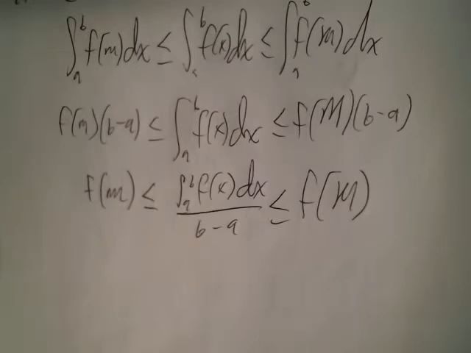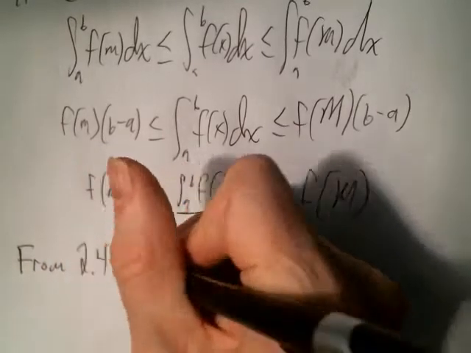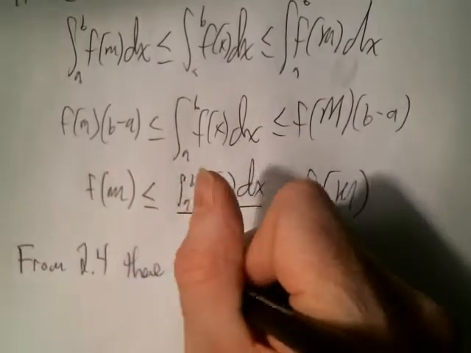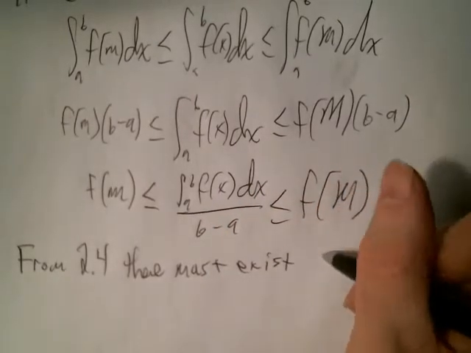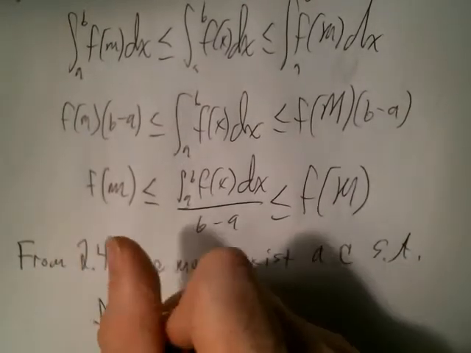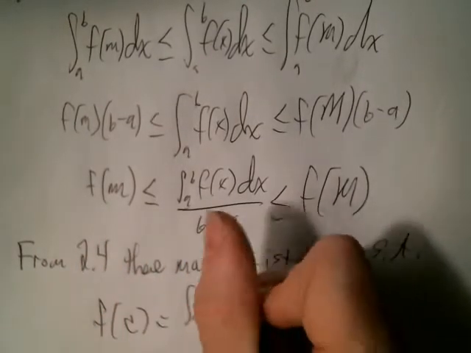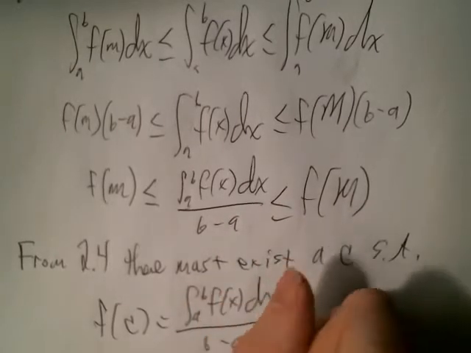That was from 2.4, the intermediate value theorem. So there must exist a c value such that f of c is equal to the integral from a to b of f of x dx all over b minus a.